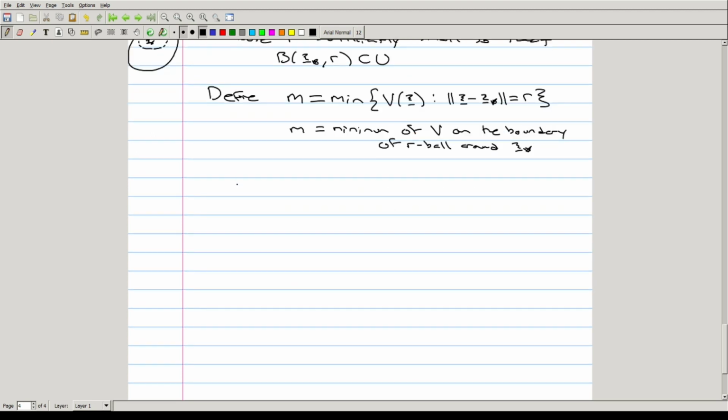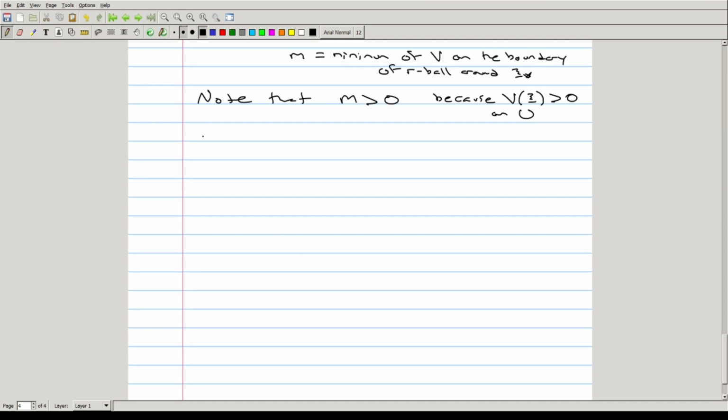And note that because of the assumptions placed on the Lyapunov function, M has to be a positive value, because the Lyapunov function is positive on the set U. And define W to be the intersection of the set of points such that the Lyapunov function is less than M over 2, intersected with the ball that we previously considered.